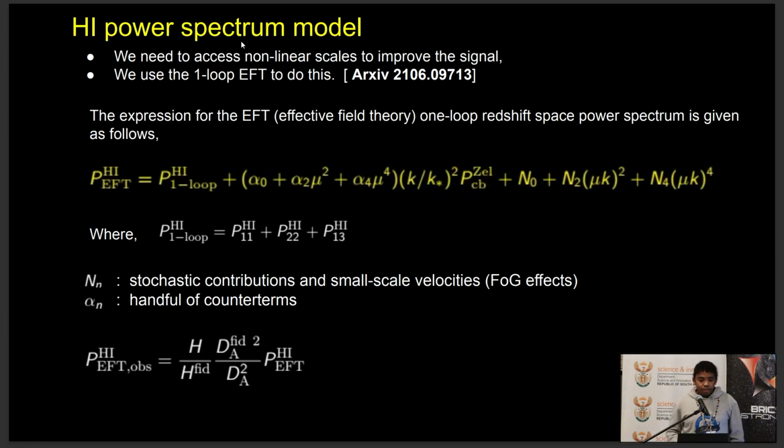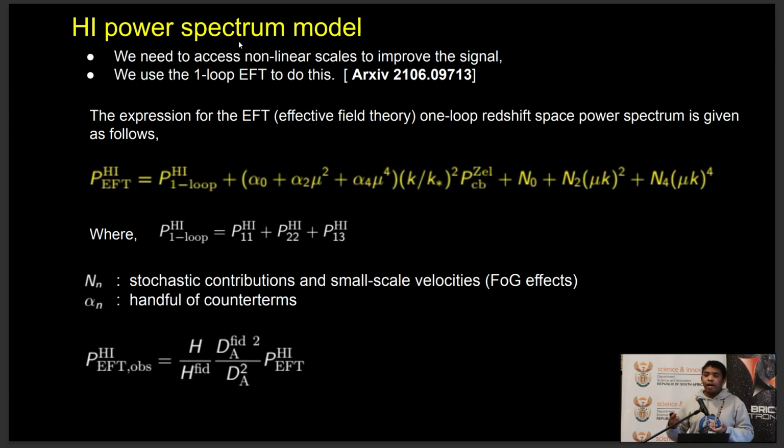Coming to the modeling, the main goal is that I'm looking at the small scales to see the effect of the clustering. So the main goal in the modeling is to improve the signal.